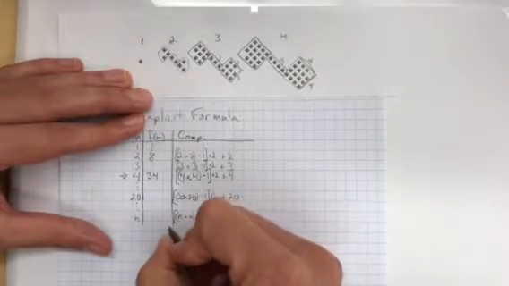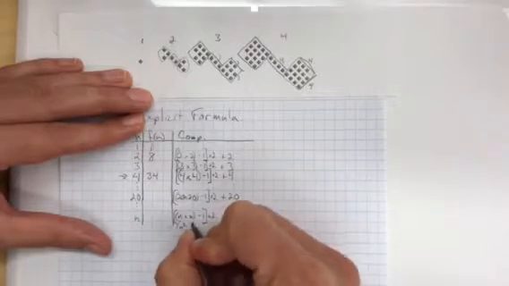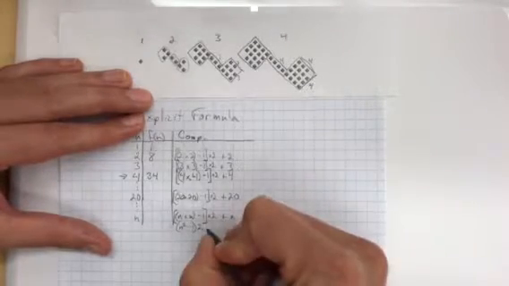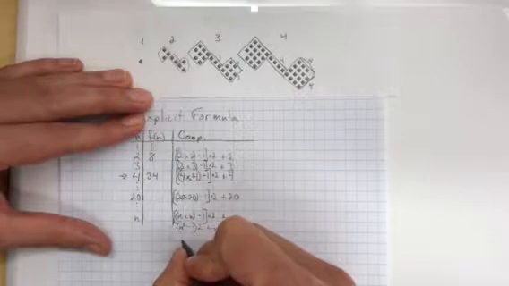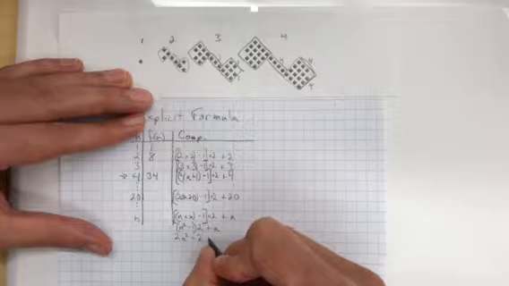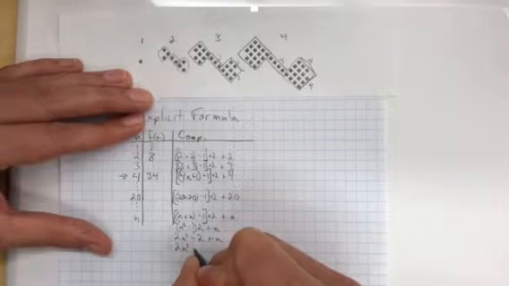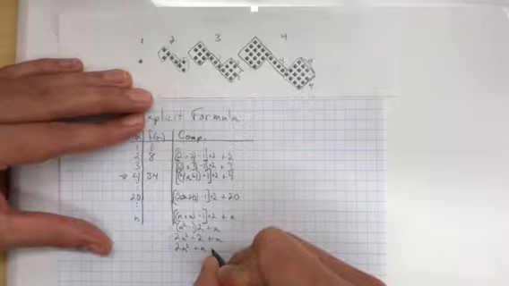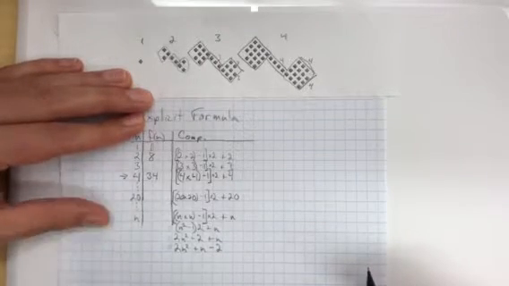We've got n squared minus 1 times 2 plus n. All right, distribute: 2n squared minus 2 plus n, and then in standard form, that comes out to 2n squared plus n minus 2. Okay?